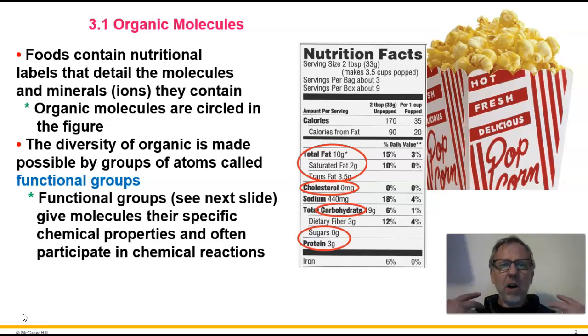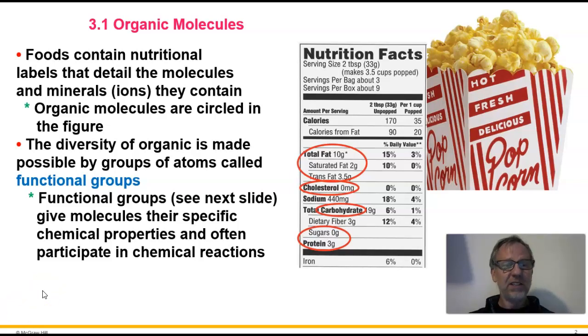Now, there are tons of different kinds of organic molecules amongst the different life forms on Earth, a huge diversity, millions of different varieties, and these are made possible by clusters of atoms called functional groups. We're going to look at those on the next slide.